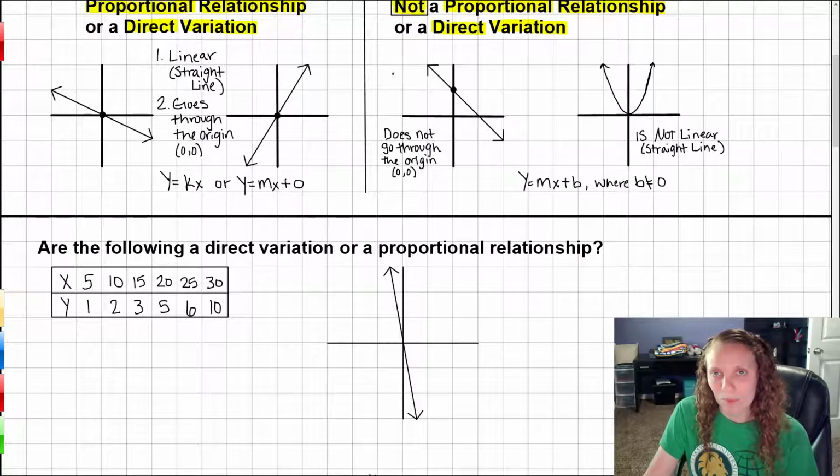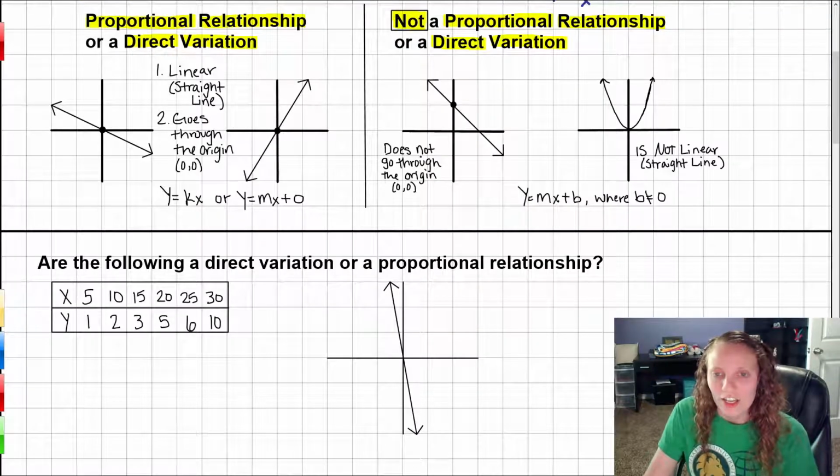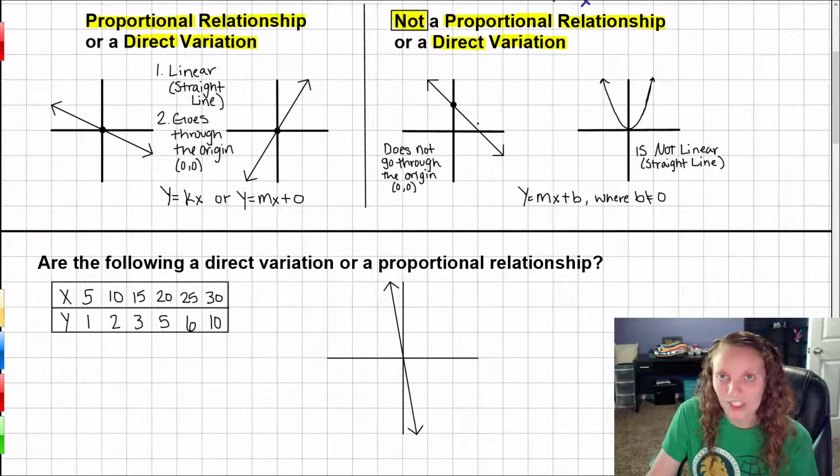Okay, here's examples of not a proportional relationship or direct variation. This first one here does not go through the origin. It is linear, but it does not go through the origin at 0, 0, so this is not a direct variation. The second one does go through the origin, but it's not linear.